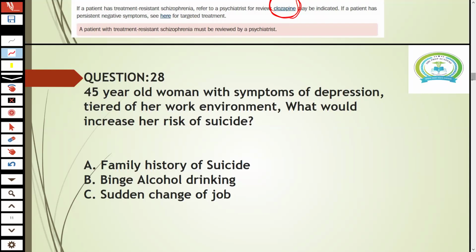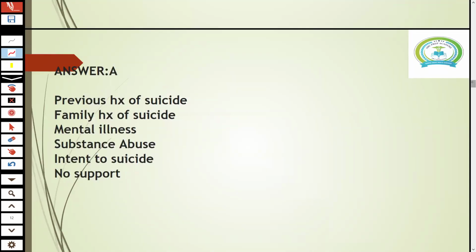So some of you are saying B and some are with A. So I will put it in order. If they mention previous personal history of suicide, that is very important. It has 2 points. Family history of suicide is also an independent variant.